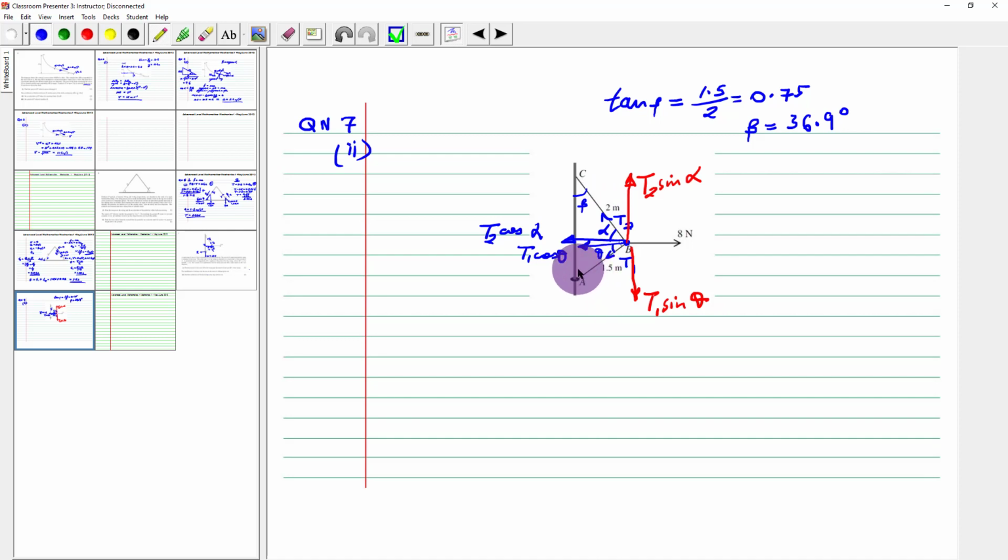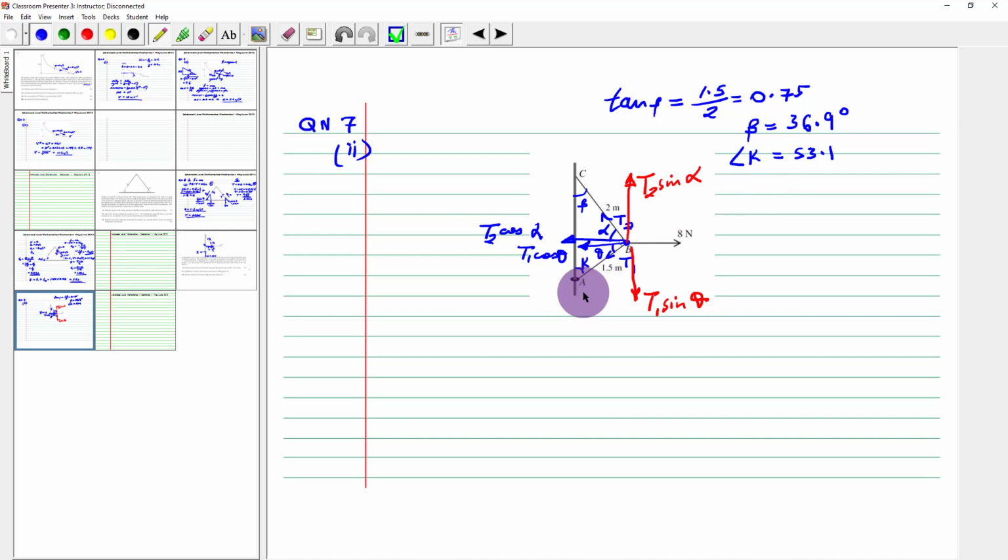That means I can work out this angle here, which I can call angle K. So the angle K will be equal to 53.1, because since I know the whole of this is 90, then this plus this is 90. In order to get angle K, I need to subtract this from 90 degrees.